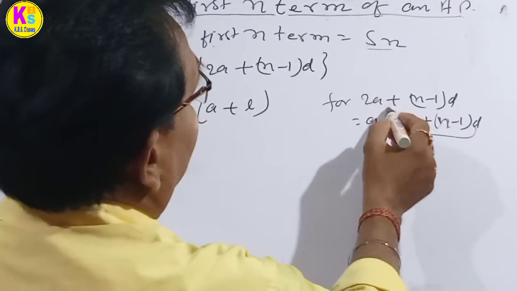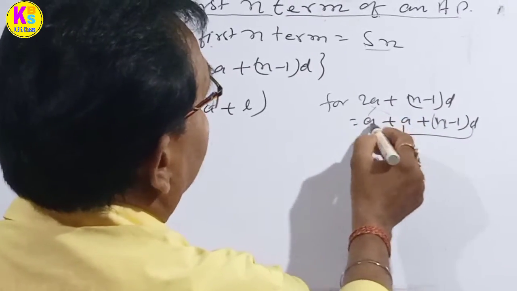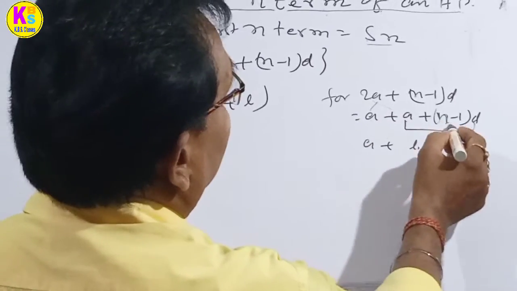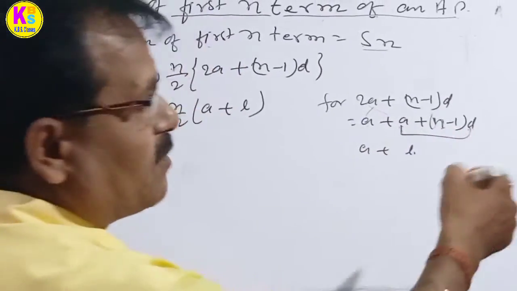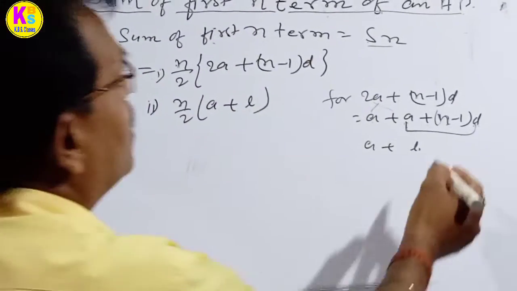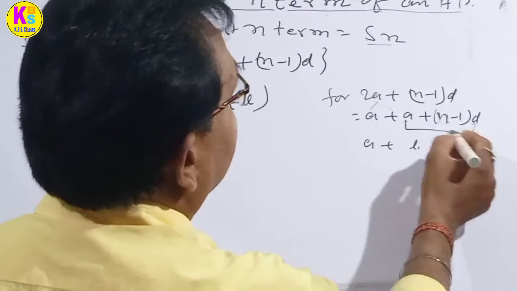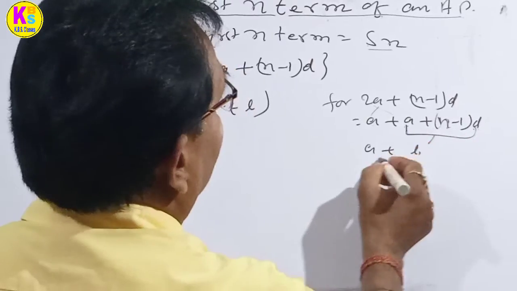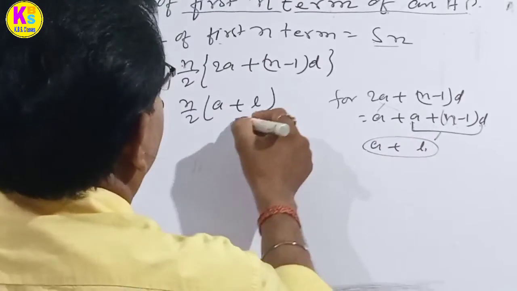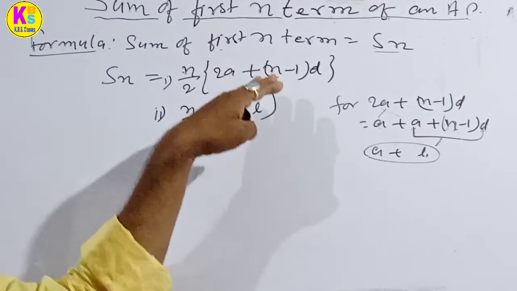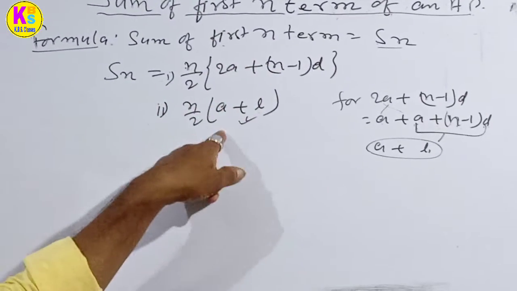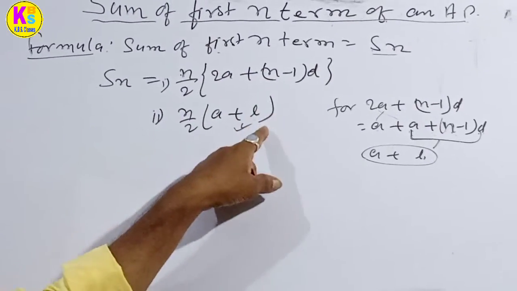2a can be divided into two parts, a plus a, plus (n minus 1) into d, and a plus (n minus 1) into d is equal to tn, that means the last term which you have to find out. So we give here the symbol L. So this is a plus L. So the two formulas are actually the same. Only in this formula d has vanished.